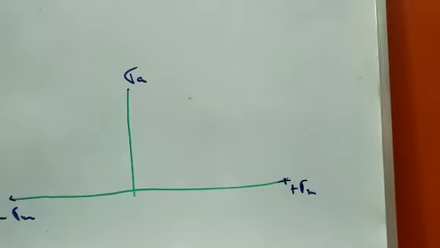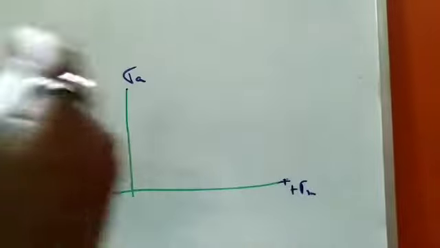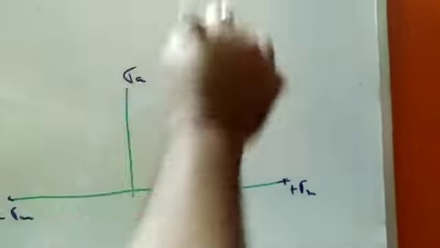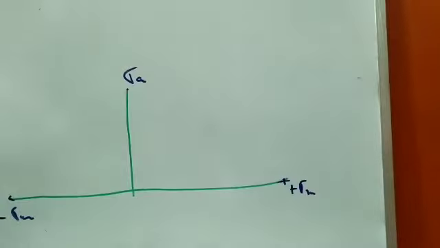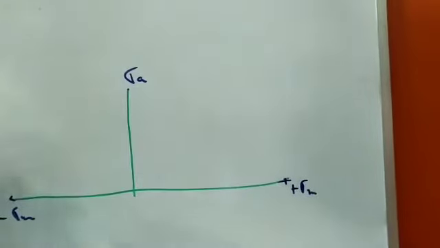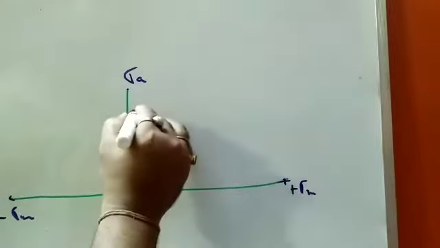Under this condition we perform the test for a component, calculate the number of cycles, and find the failure values. We apply the load, and where both sigma m and sigma a are present, we note the failure points and plot them.